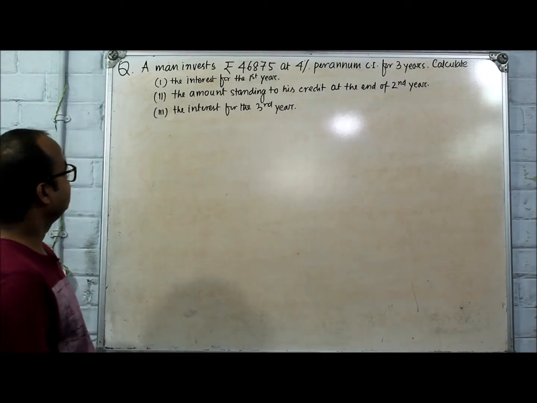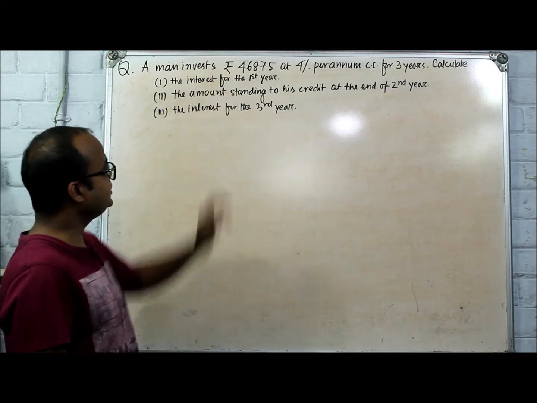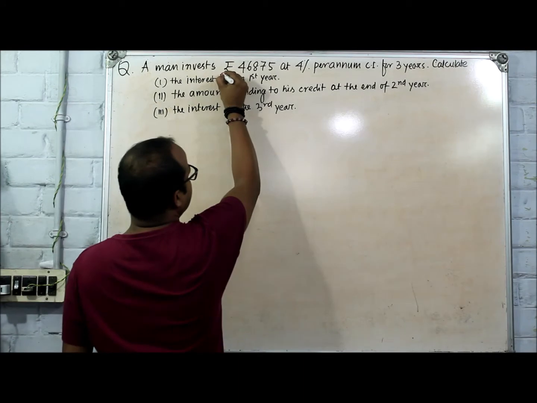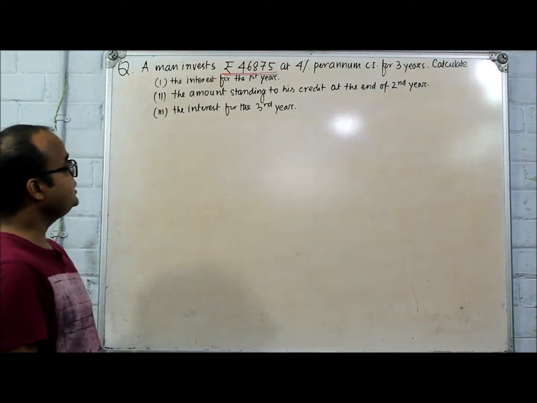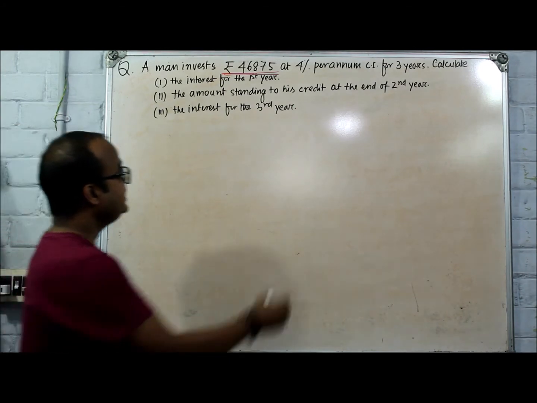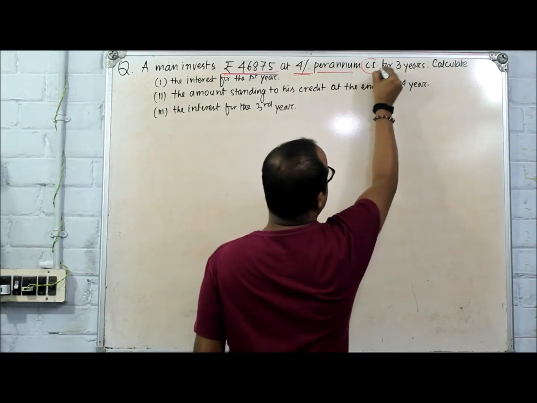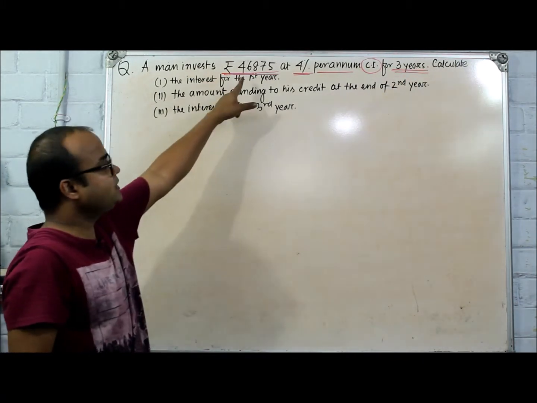Let us discuss this problem. A man invests rupees 46,875 at 4% per annum CI for 3 years. I am just underlining the information given. That means this will become the principal.